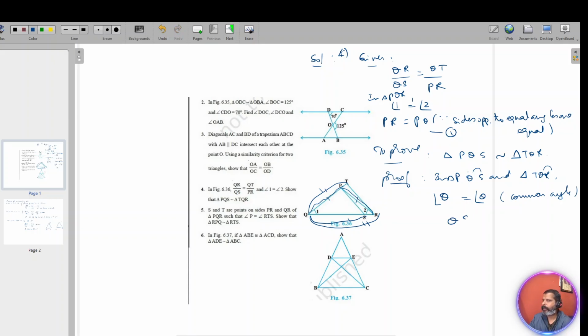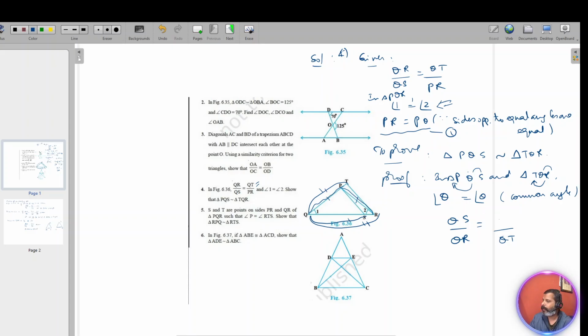So I can write QS by QR. Now by the given only I'm checking. QT they have given. What should be equal actually? QT should be equal to QP. But what they have given? PR. Check in the given, PQ and PR are equal by the concept angle 1 equal to angle 2.